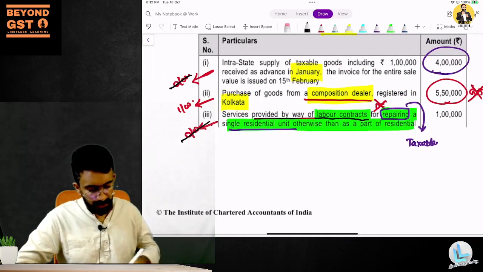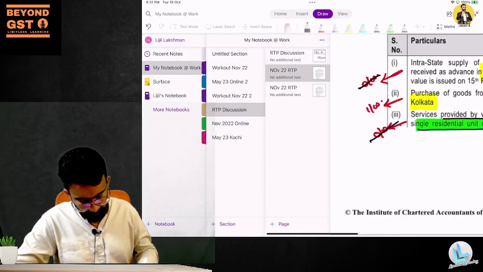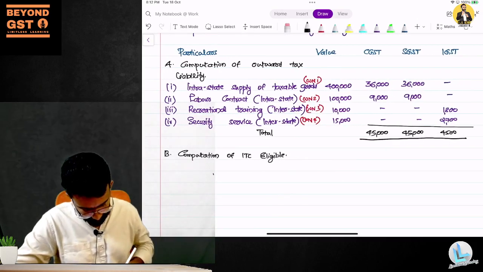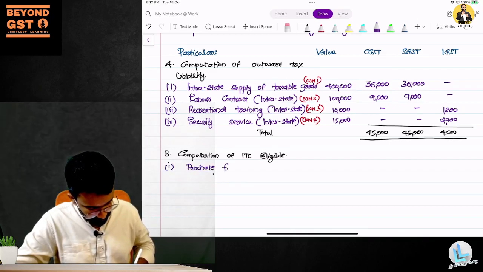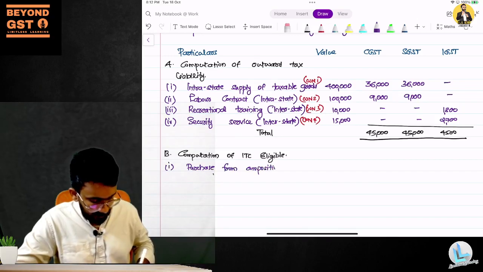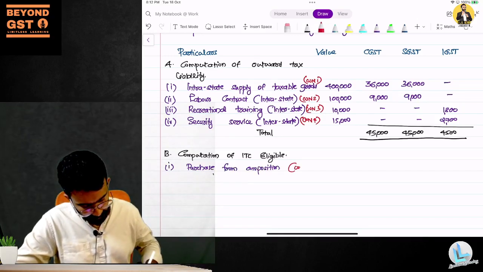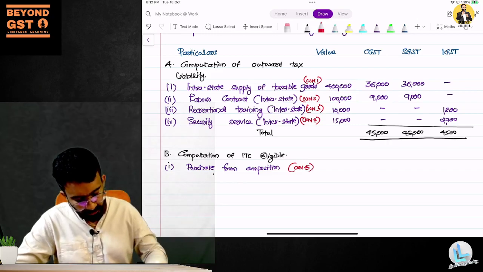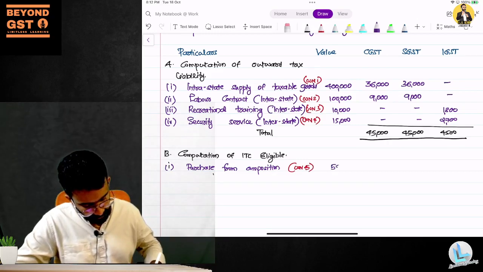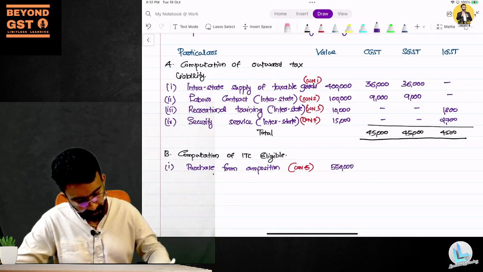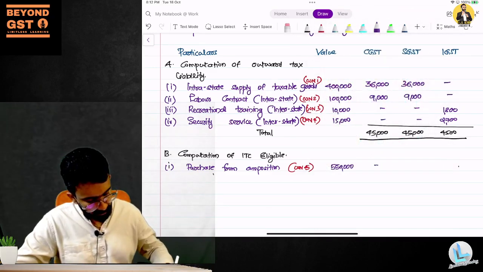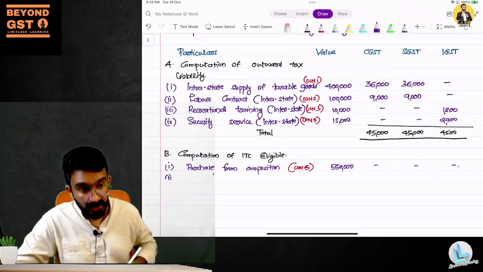Purchase of goods from composition dealer, 5,50,000. Am I eligible for ITC? Working note number 5. Am I eligible for ITC? No. 5,50,000. Not eligible for any ITC. Nothing. Second purchase.